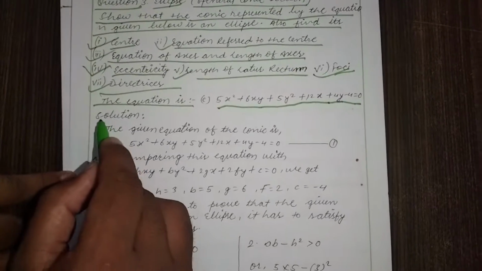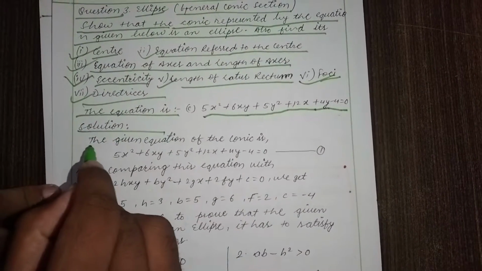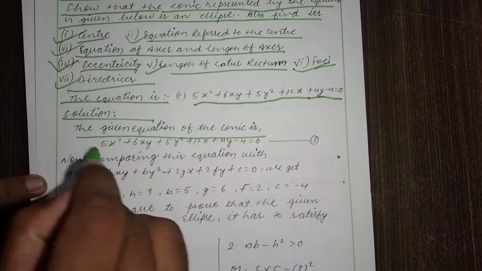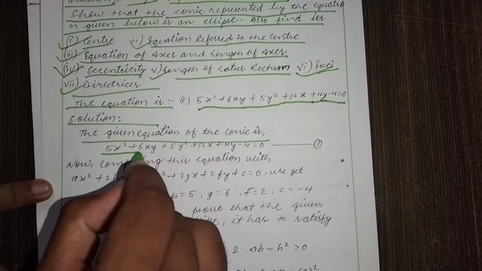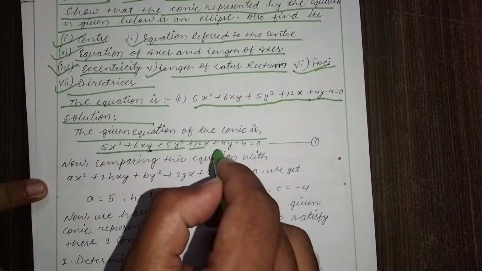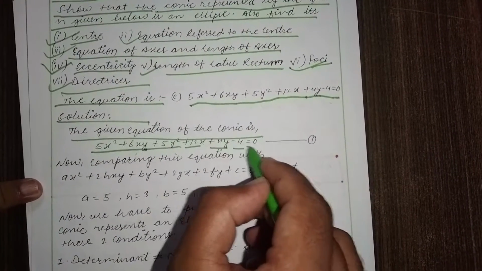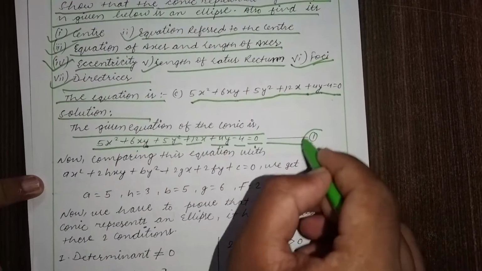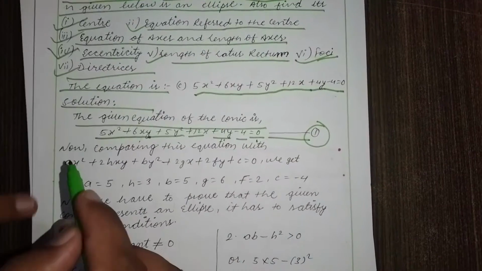Now we are moving further towards our solution, and our solution goes like this. The given equation of the conic is 5x square plus 6xy plus 5y square plus 12x plus 4y minus 4 equals 0. This is our equation number 1.